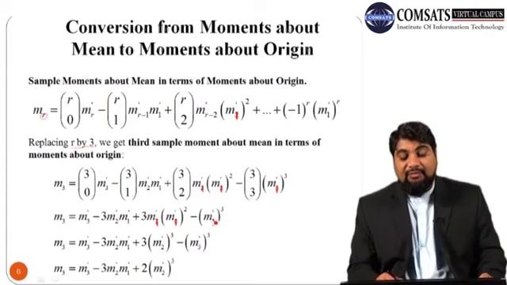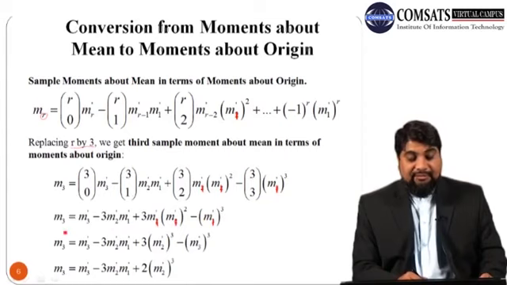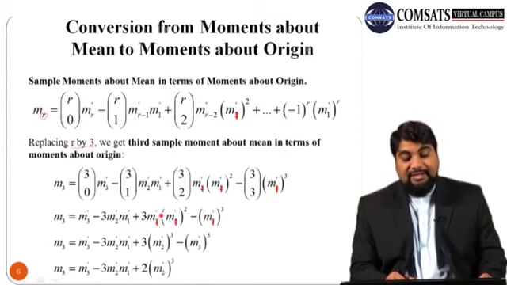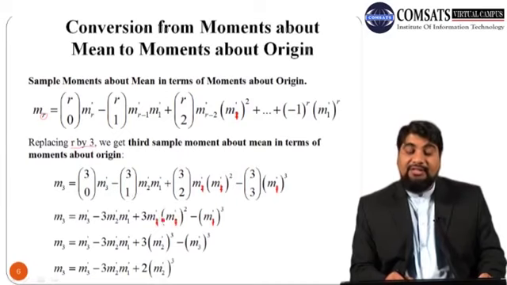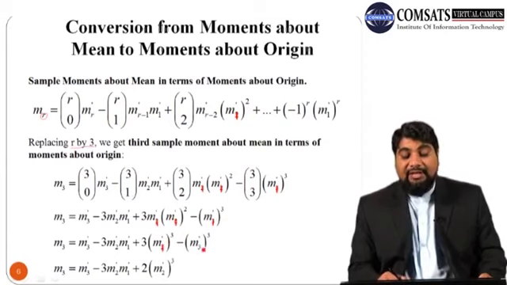In the next step, write the first two terms as it is, and here we have 3 times m1 dash and then m1 dash whole square. So we can combine these two terms, so it will be m1 dash whole cube. And here we have m1 dash whole cube as it is.